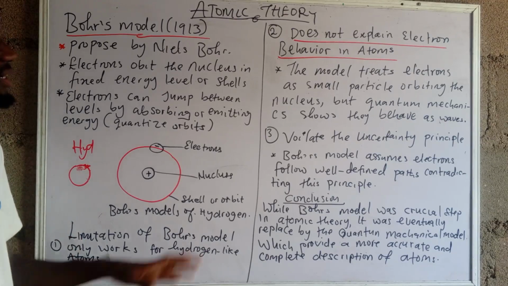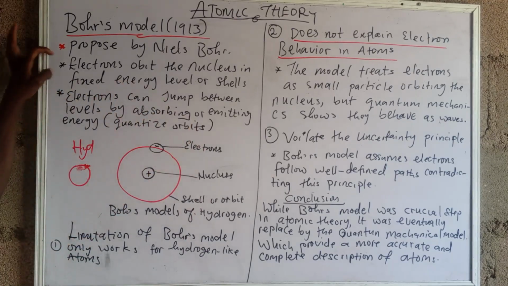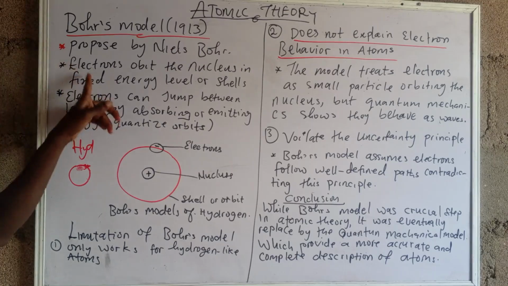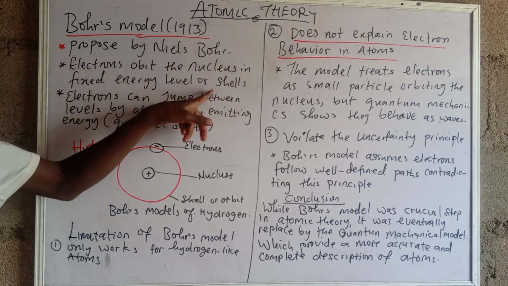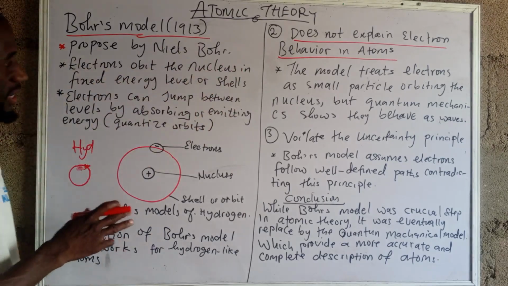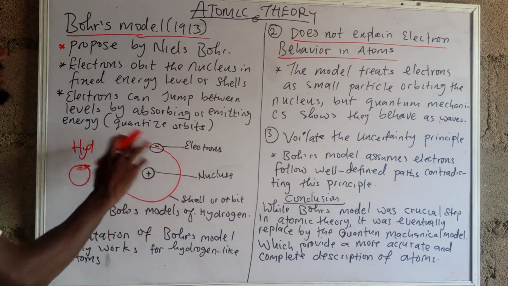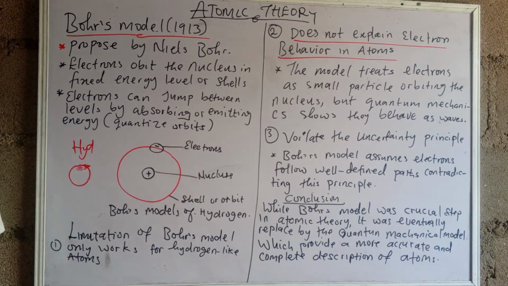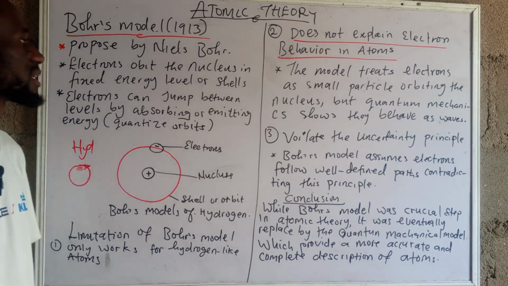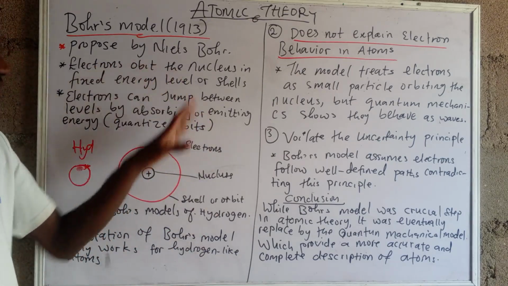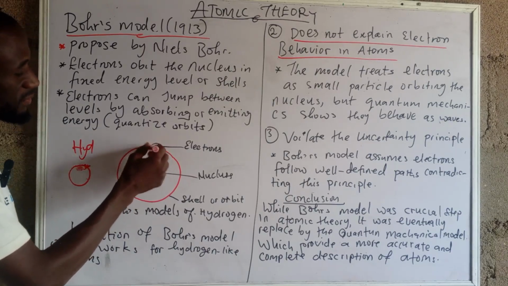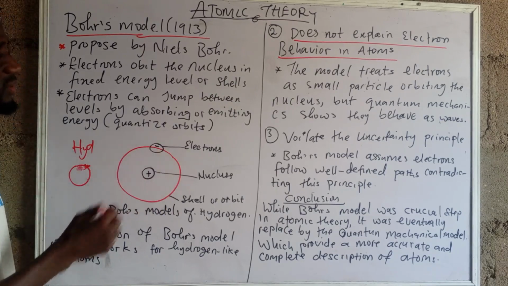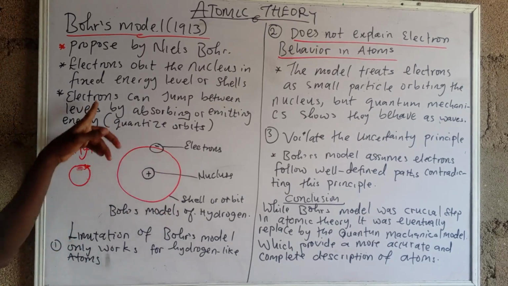This is where Niels Bohr started, and he continued by saying that electrons orbit the nucleus in fixed energy levels or shells. He discovered that the electrons have fixed energy in the shells.